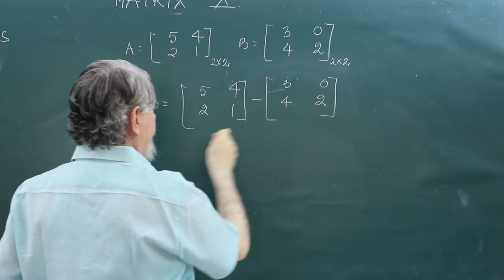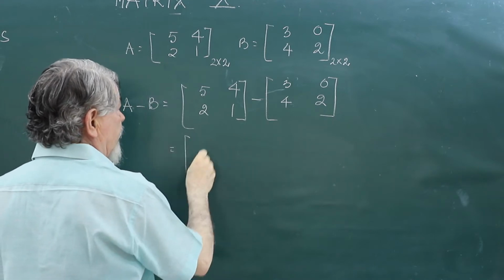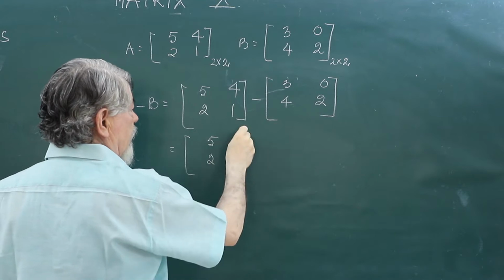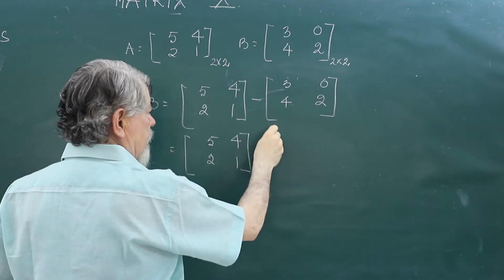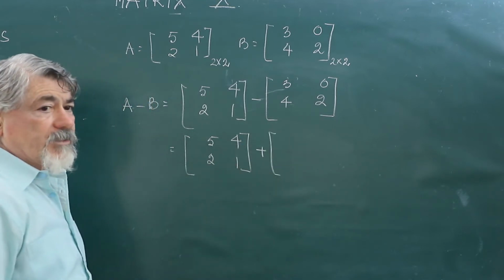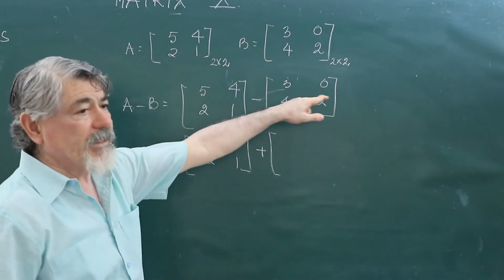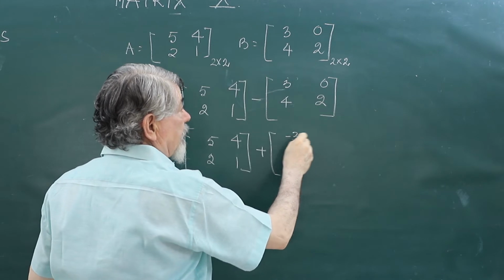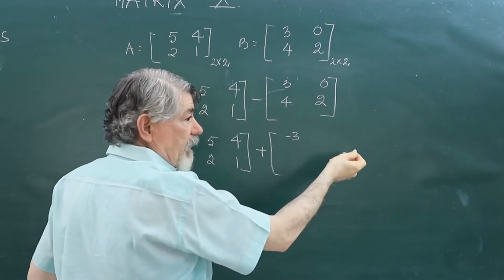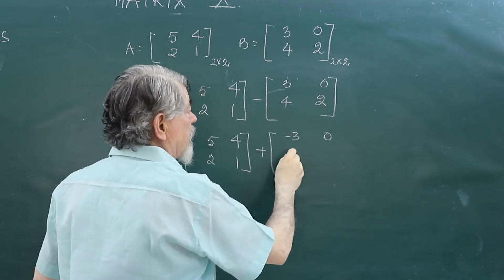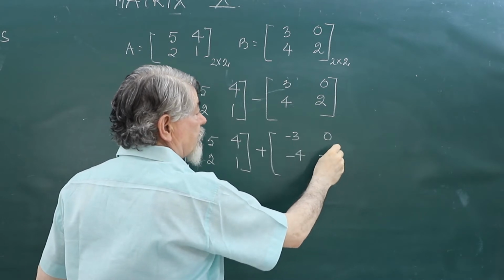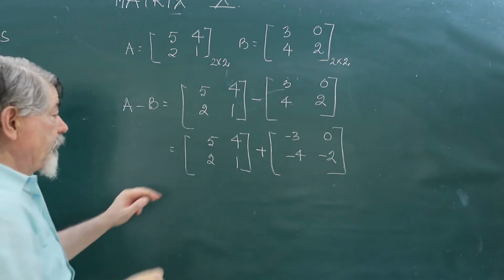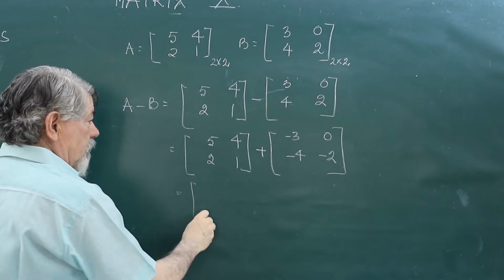Even I can show it and make you understand this. 5 4 2 1. I'll make it plus here instead of minus, and this minus will go inside with each term: minus 3, minus 0, minus 4, minus 2.